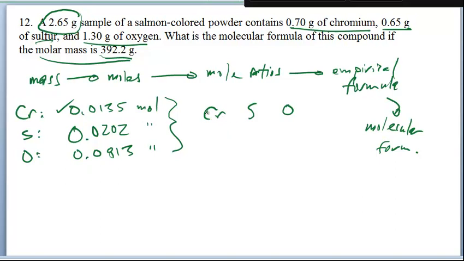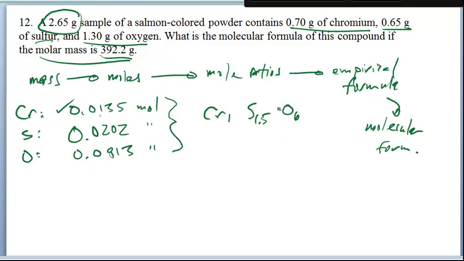And when we do that to chromium itself, that ratio is 1. When we divide 0.0202 by 0.0135, you'll get something very close to 1.5. And when you divide 0.0813 by 0.0135, you'll get something very close to 6.